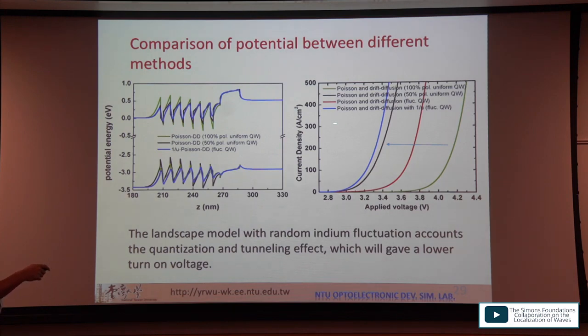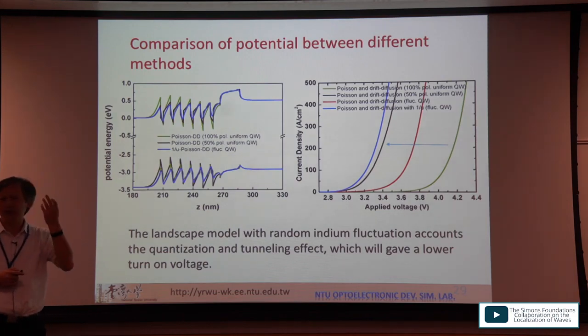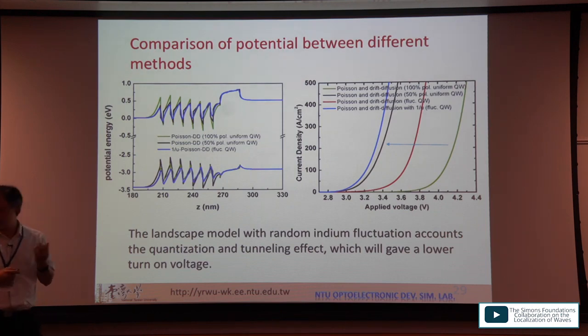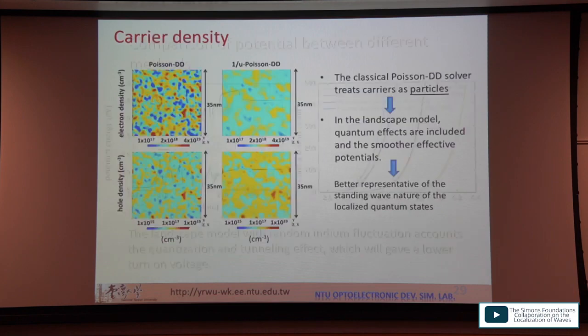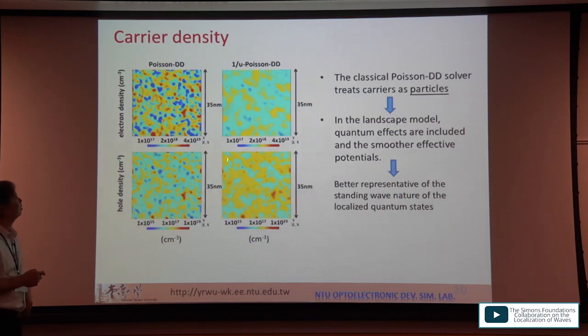The second one, including the landscape model, changes from red to blue. It also includes the quantum confinement effect and a little bit of tunneling effect, just like including the quantum potential.